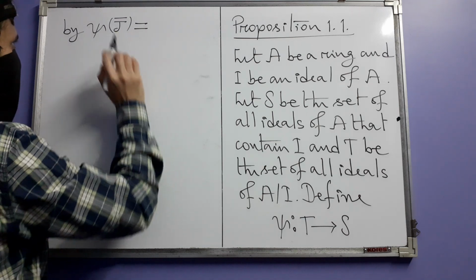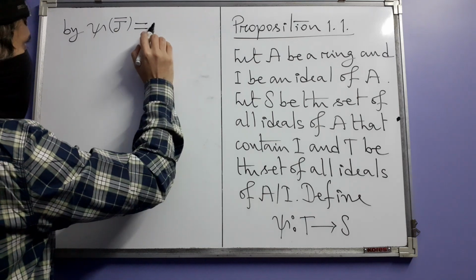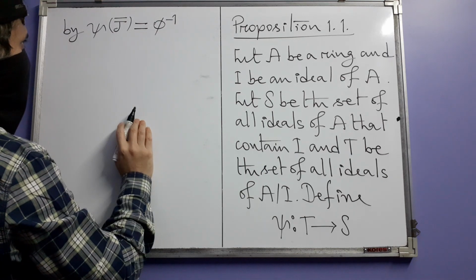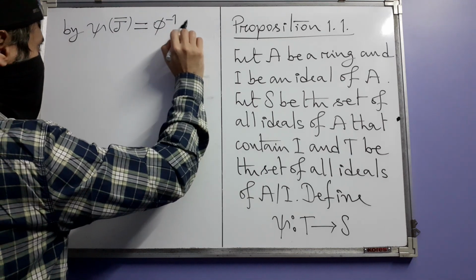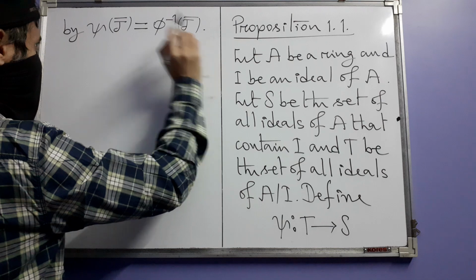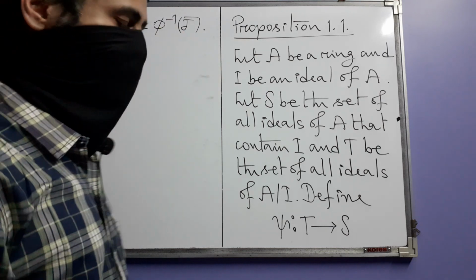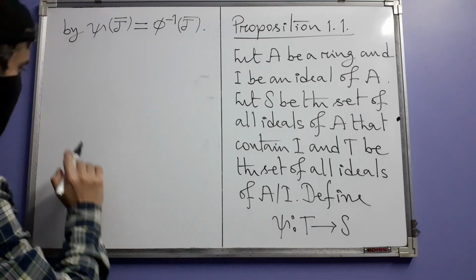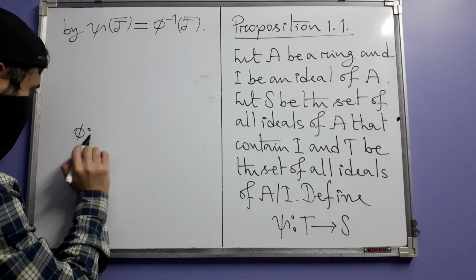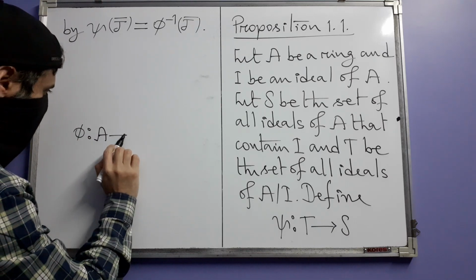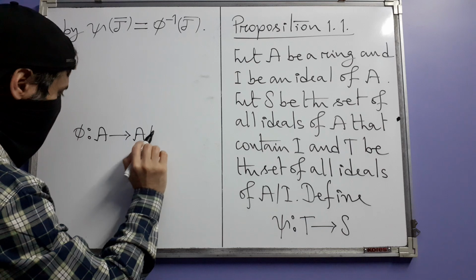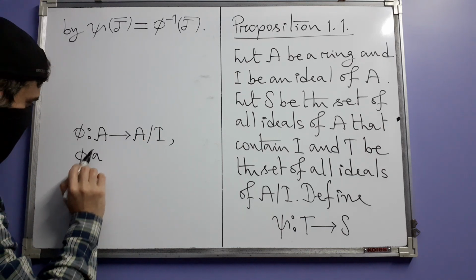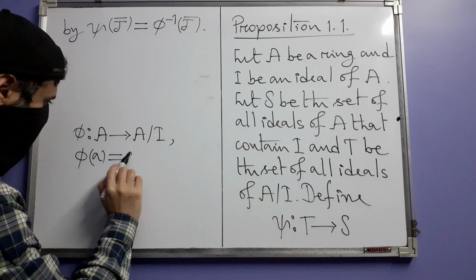The rule is that it is the inverse image of J bar under phi. What is phi? Phi is that mapping which maps A into A/I, and the rule that phi follows is this.